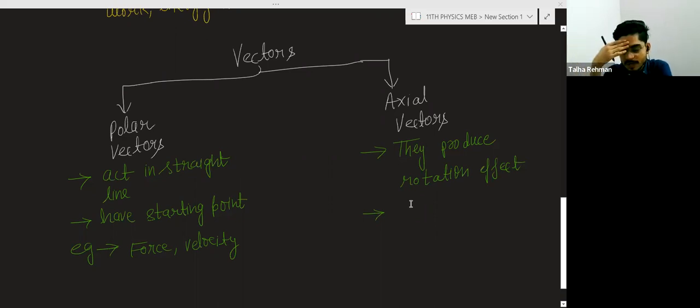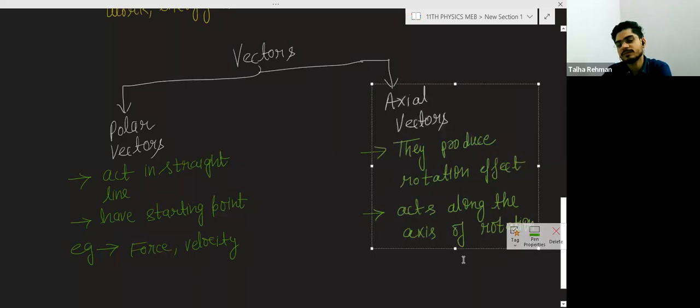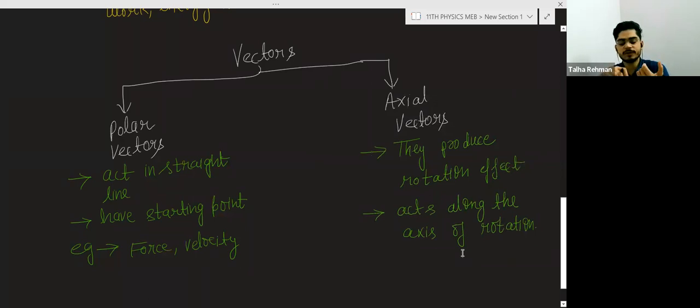So these are the vectors which always act along the axis, the axis of rotation. Mostly we will discuss angular velocity, torque, and angular momentum in rotational motion, while the other vectors we will discuss in projectile motion, Newton's laws of motion, and work power energy.